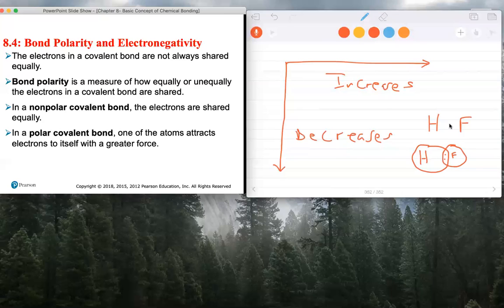We say that this bond is polar, a polar bond, and the molecule is said to be polar. Polarity is a measure of how unequally electrons in a covalent bond are shared.